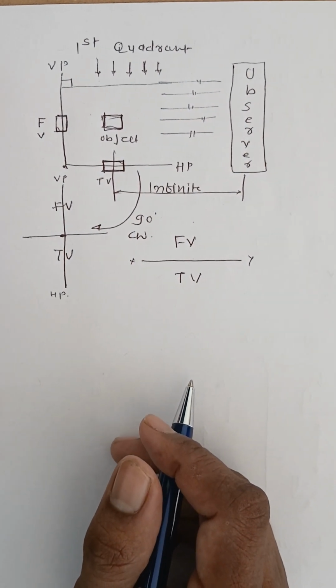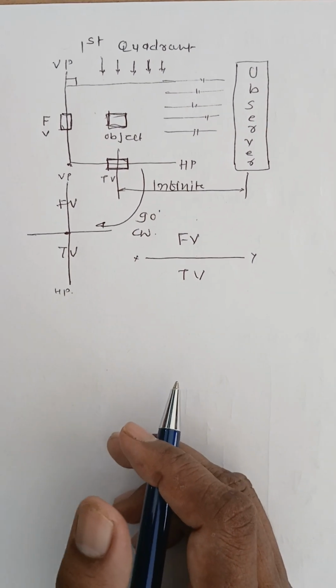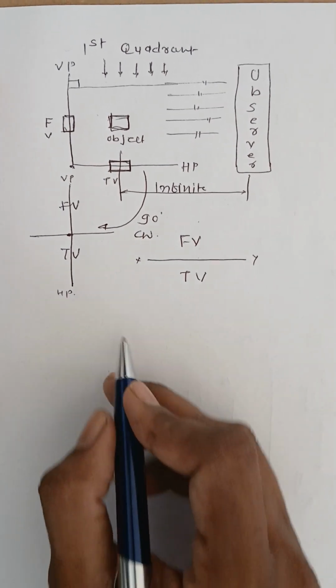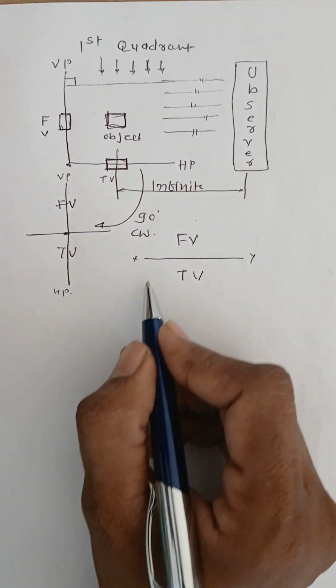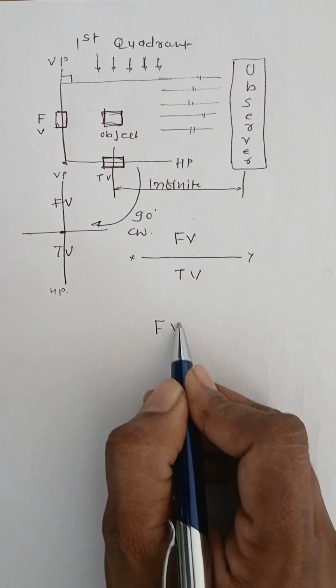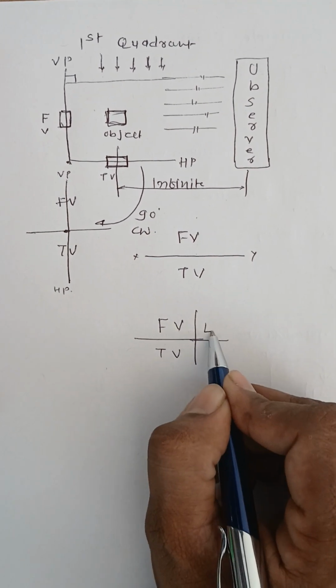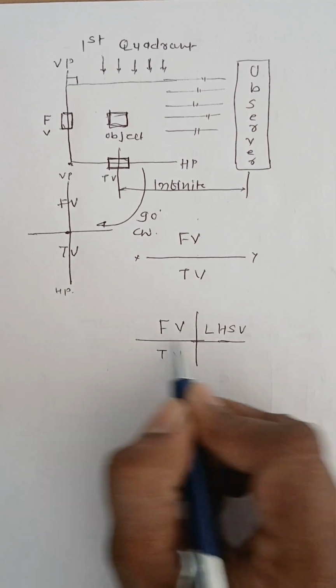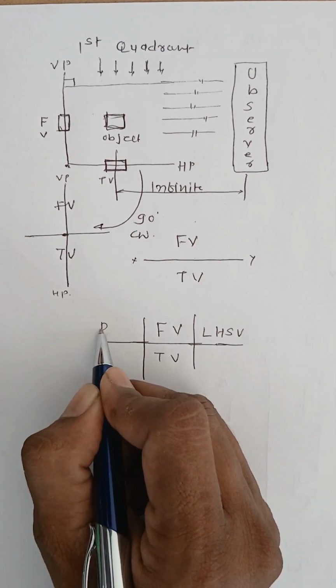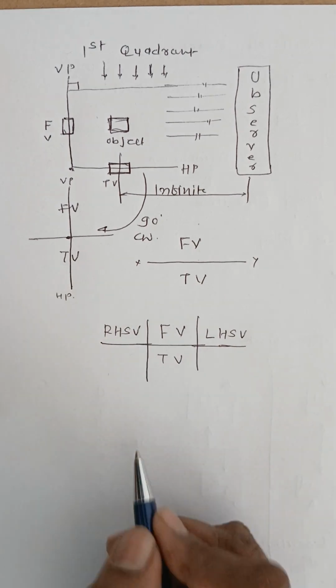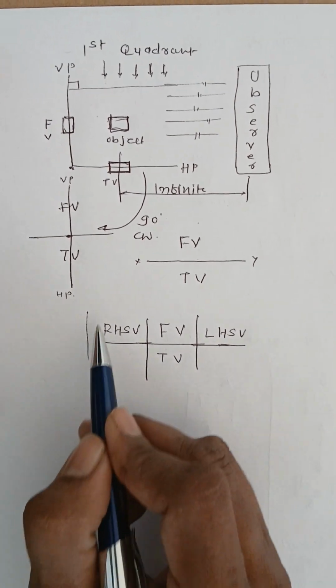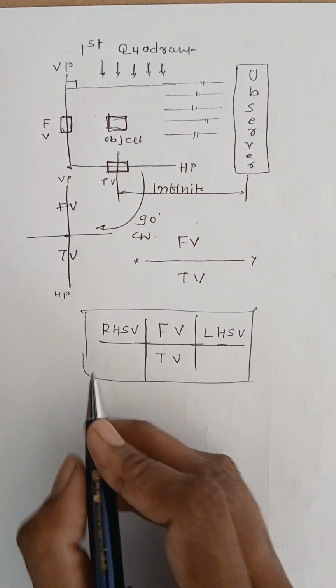Okay? Now if we talk about the side view, the left hand side view will be on the right side of the front view and the right hand side view will be on the left side of the front view, right? So this is the first angle projection method.